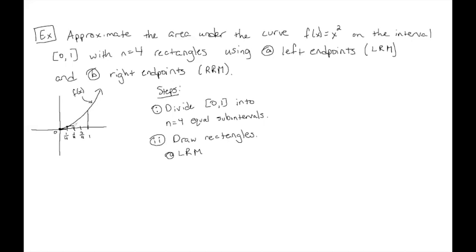At 1/2, this is the next left endpoint I have. I come up, here's f of 1/2. I just go straight above 1/2 and construct the rectangle. And at 3/4, I'm up here and I construct the rectangle. And of course, this is the last one because this is the last left endpoint that I have.